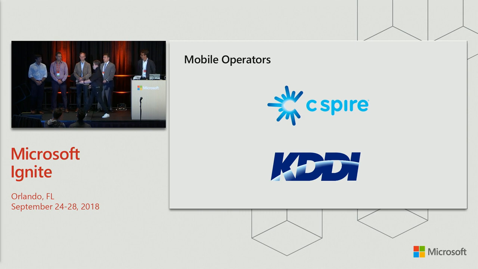And now I can probably start with the mobile operators. We have Wade Smith from C-Spire, who can talk a little bit more about that. Hi, gang. For those of you wondering, C-Spire is the largest privately held wireless operator in the country. We're thrilled to be here and part of this ecosystem and pleased to be an early adopter of eSIM technology.